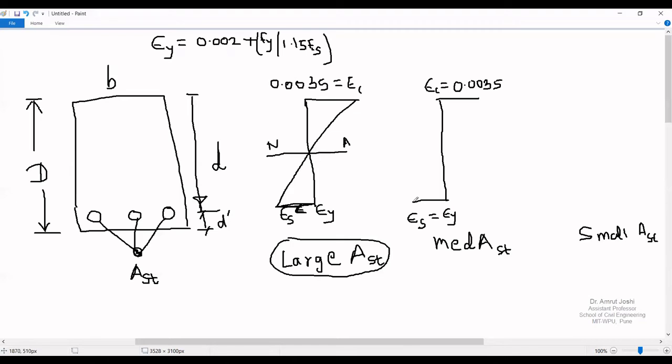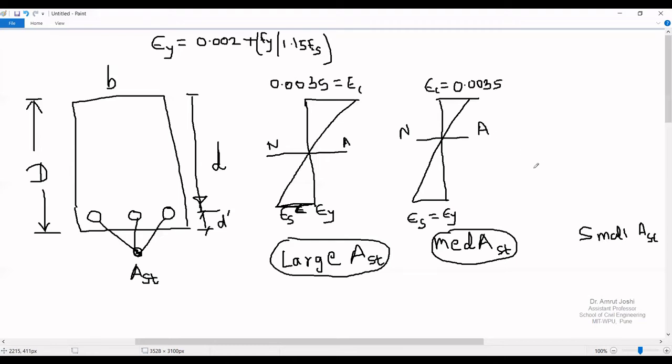If I join these 2 points by a straight line, then I am going to get the bending strain distribution diagram for the section with medium area of steel at failure. Mind you, this is the bending strain distribution diagram drawn at failure, and this is the location of the neutral axis.